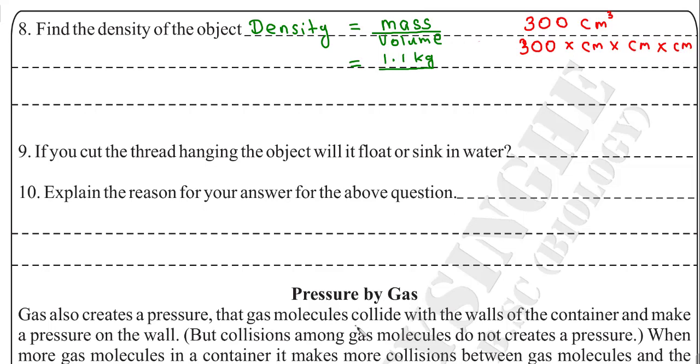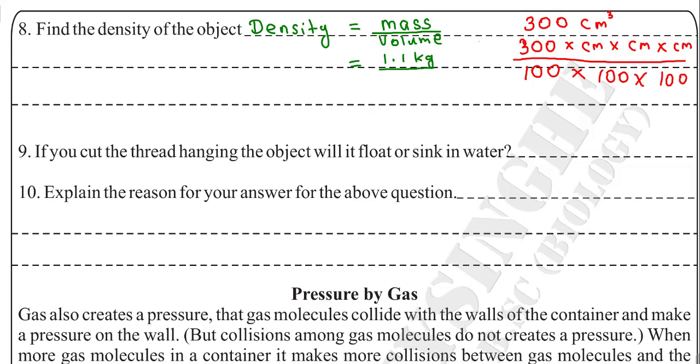To convert centimeters into meters, we have to divide by 100, because 100 centimeters equals 1 meter. In that case, to convert this one into meter, we divide it by 100. To convert this centimeter into meter, we also divide by 100. And to convert this centimeter also into meter, we divide it by 100.